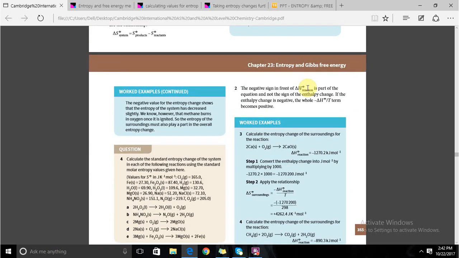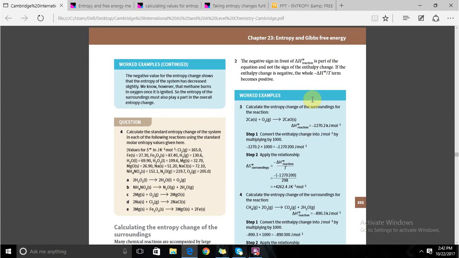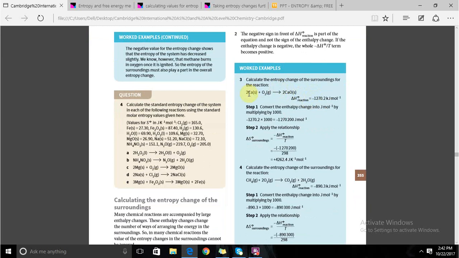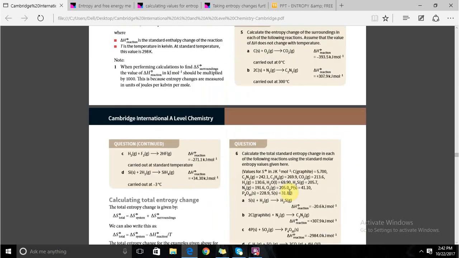And the negative sign is actually a part of the equation and not the sign of the enthalpy change. So if the enthalpy change happens to be negative, the whole of this minus delta H naught over T will become a positive value. So in the previous calcium with O2 example, we had a negative value for the system, the value of the surroundings is positive and pretty huge, and this is why the overall entropy change was positive.